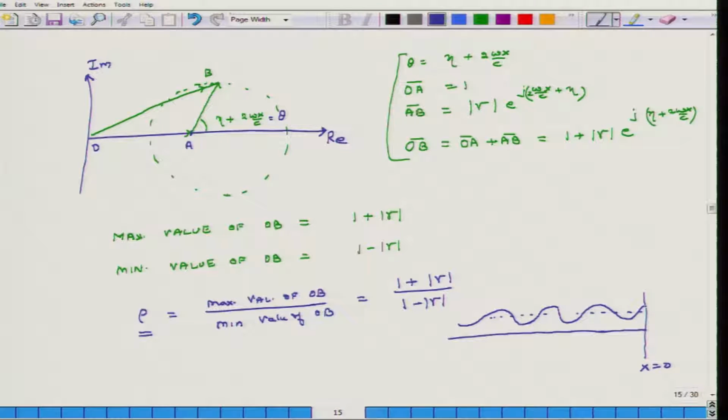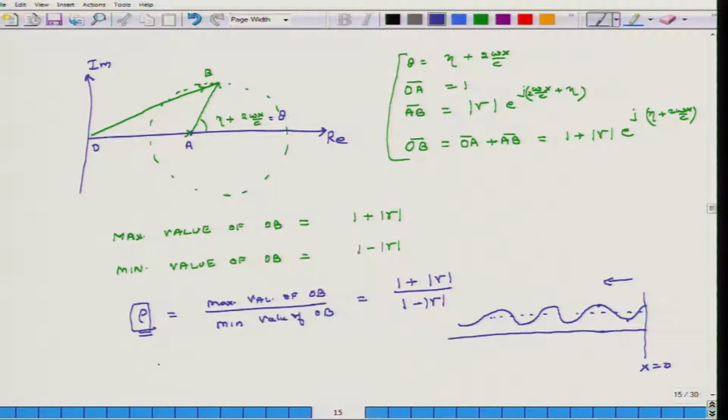The pressure need not be maximum at x is equal to 0, it will have some value, but as I travel my microphone along the length, I can measure the minimum value of pressure and I can also measure the maximum value of pressure. Once I know them, I can divide them, I can calculate rho, and it is a constant real number.